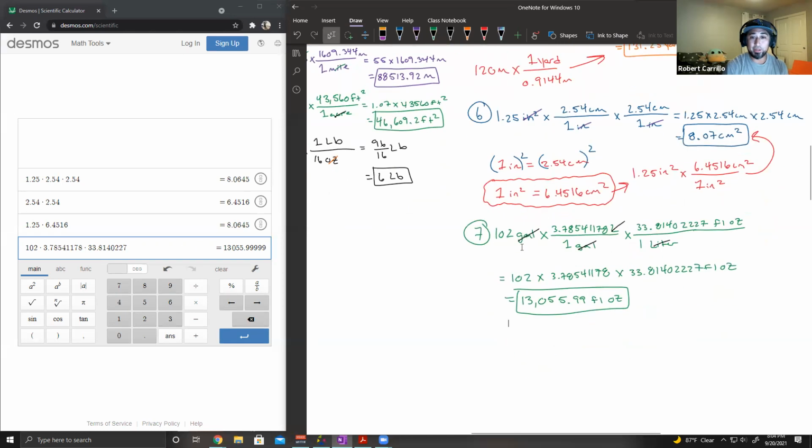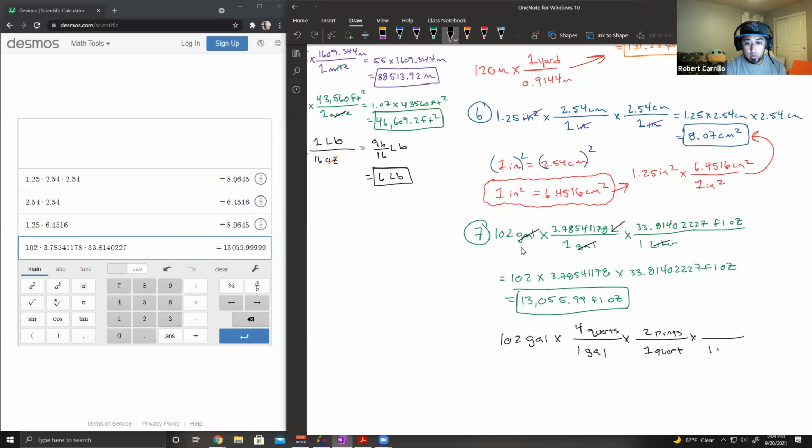Okay, now if we tried that with American numbers, 102 gallons, and in 1 gallon you have 4 quarts. And then in 1 quart, there are 2 pints.